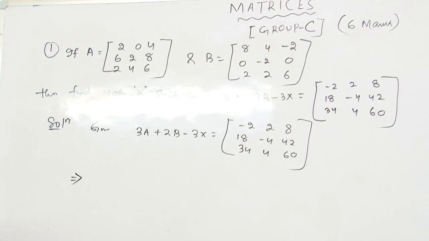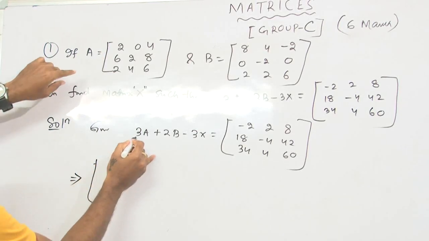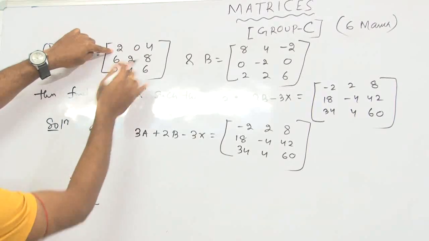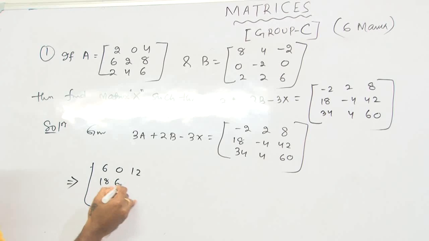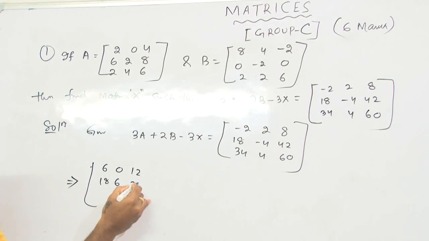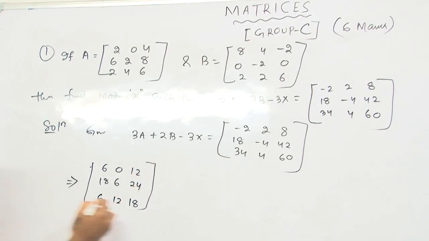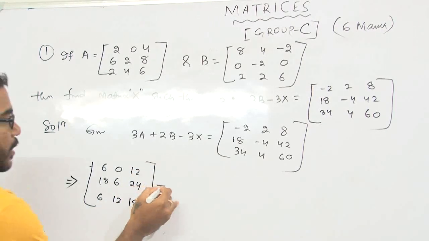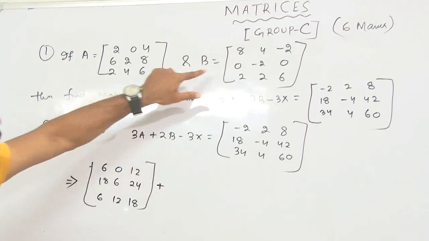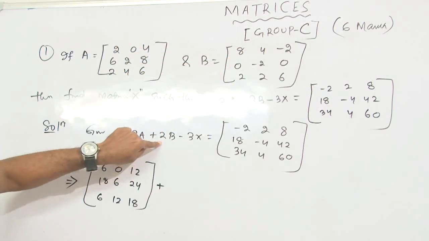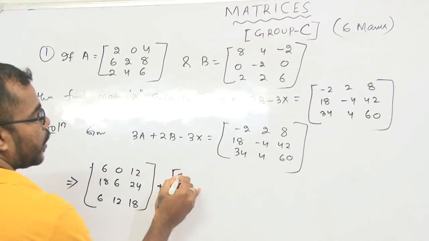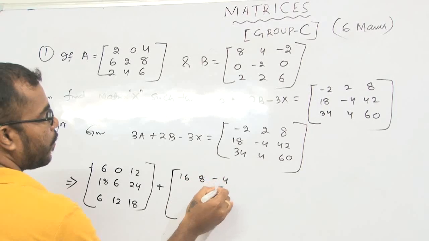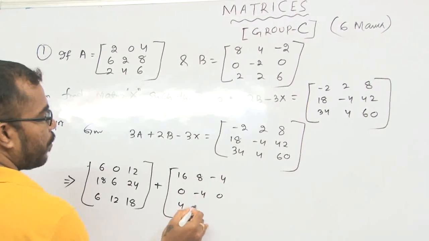If you multiply 3 into each element, we get 6, 0, 12, 18, 6, 24, 6, 12, 18, plus similarly 2B. The value of B is here and 2 is a scalar, so 2 is multiplied into every element, so we get 16, 8 minus 4, 0 minus 4, 0, 4, 4, 12.